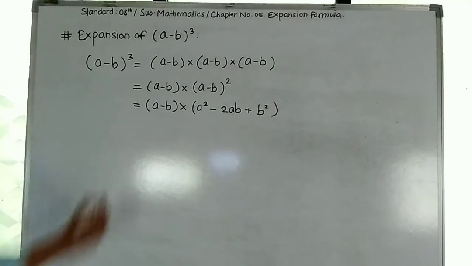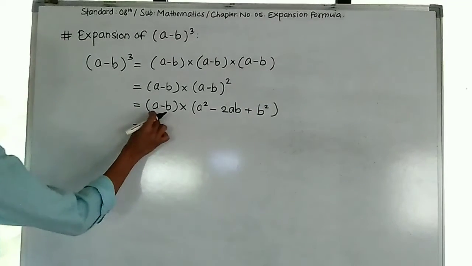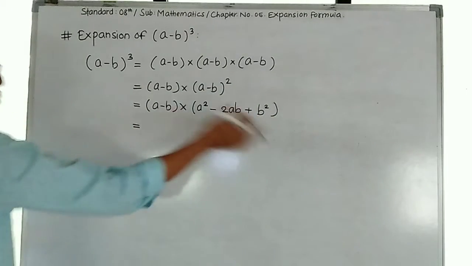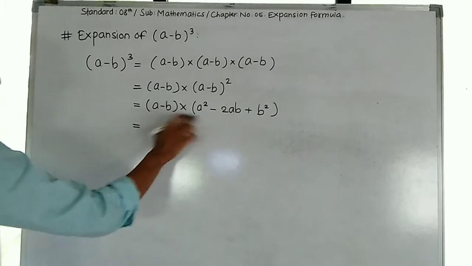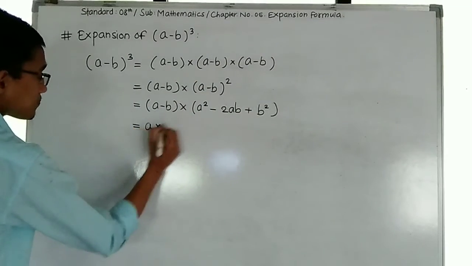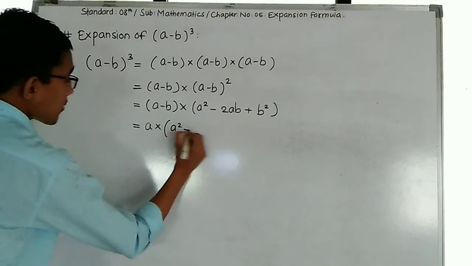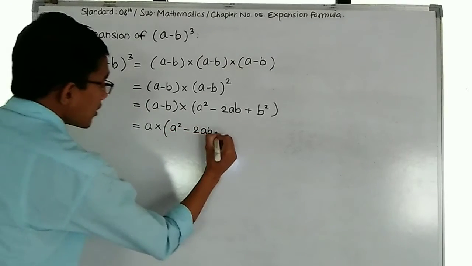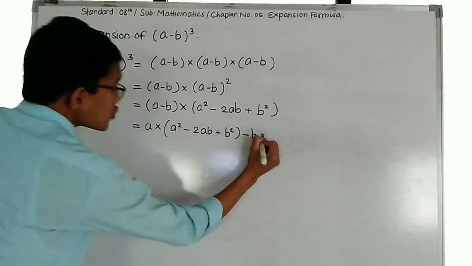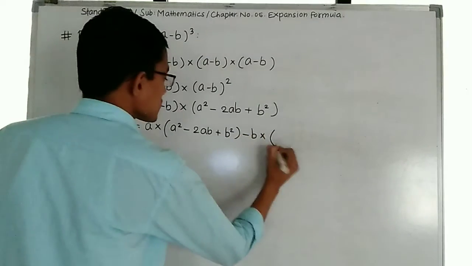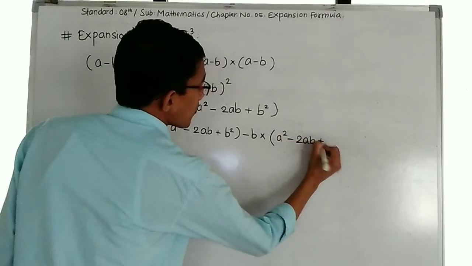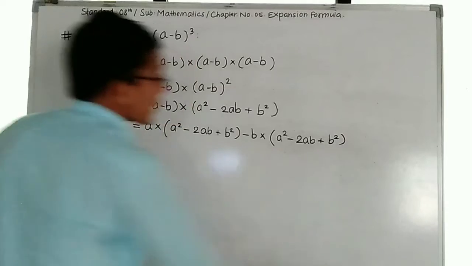Now I will multiply the first term, that is a, to the whole second bracket, then minus b to the whole second bracket. So a into (a square minus 2ab plus b square), then minus b into (a square minus 2ab plus b square).